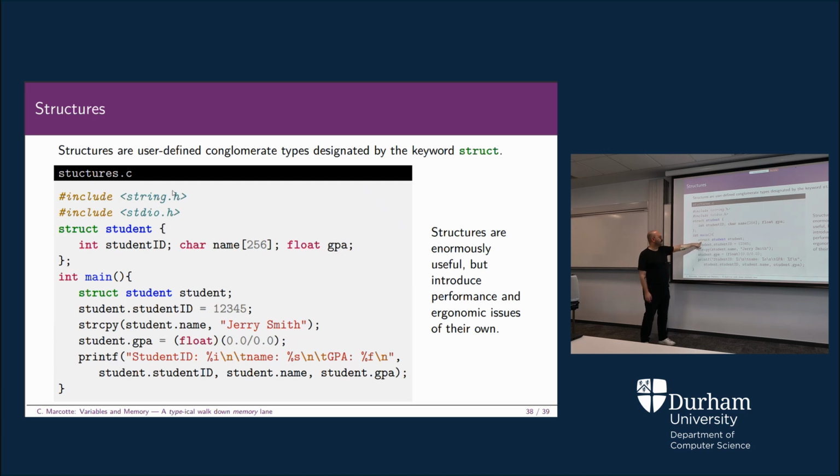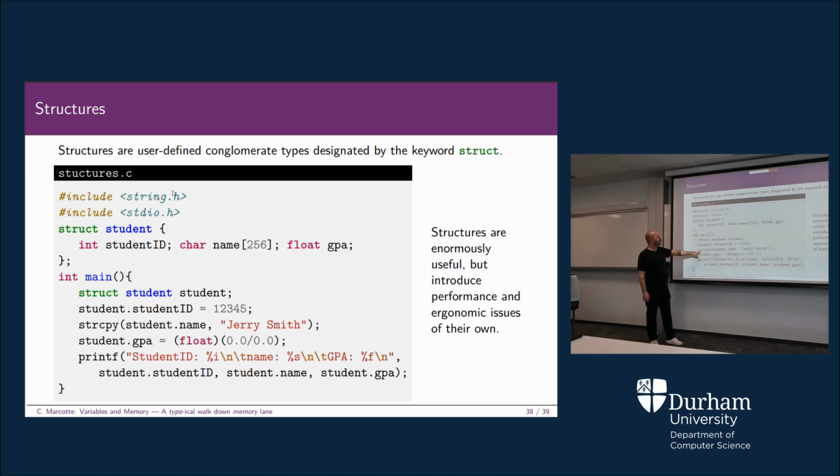And in our main program, we just have a struct student. So student here is a variable of type student, which is a struct. And the student is declared but not initialized, so none of the fields have any values on that first line. We then have to assign them, so student.studentID is 1, 2, 3, 4, 5.